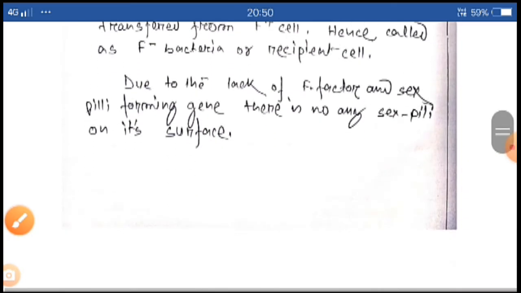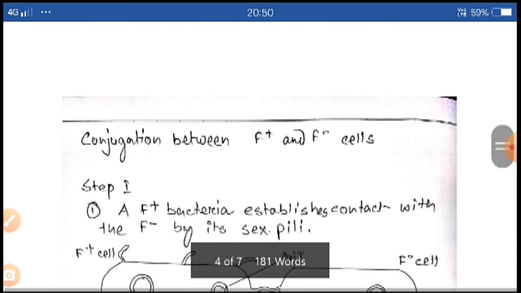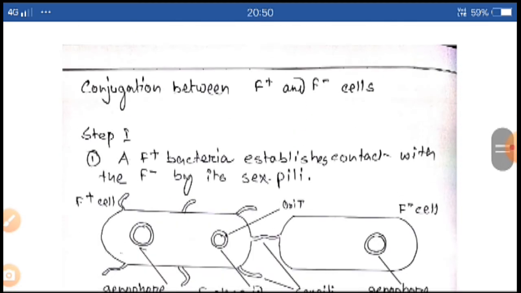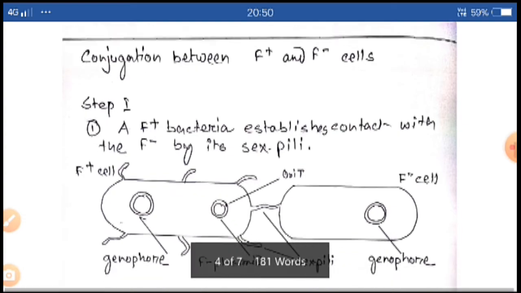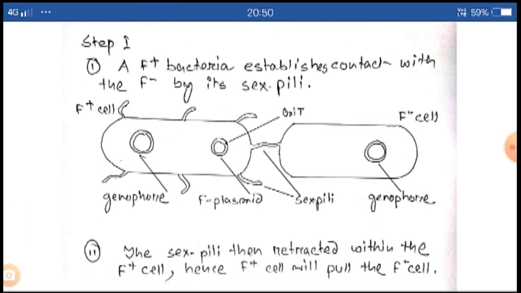Now we will study the process of conjugation between an F plus and an F minus cell. Look at the diagram. Here two bacteria are in contact with each other.